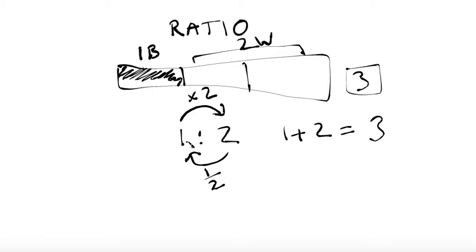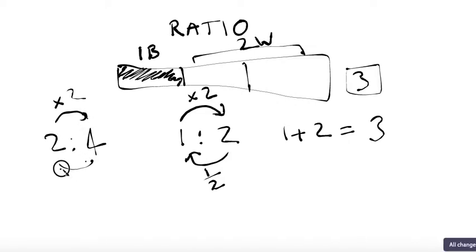Now, the most important thing is how much bigger is one number to another. We can write the ratio in several different ways. For example, 2 to 4 will be the same ratio because 4 is still 2 times 2, and also 2 is half of 4.